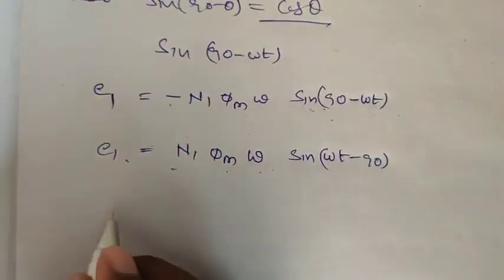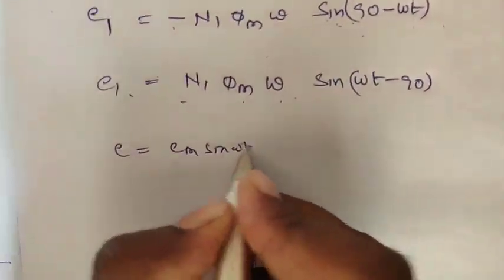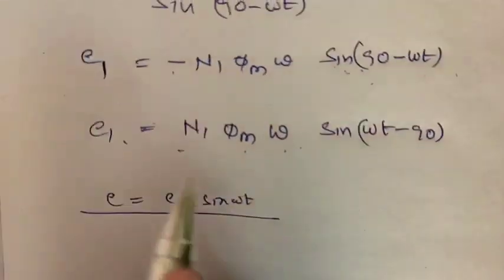So this looks like E equals Em sin omega t.